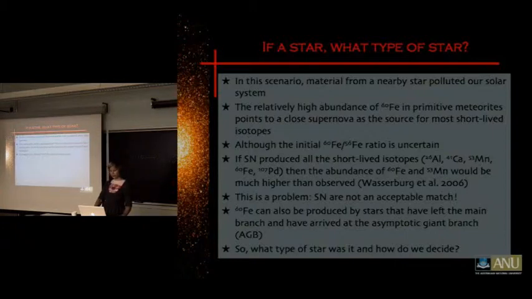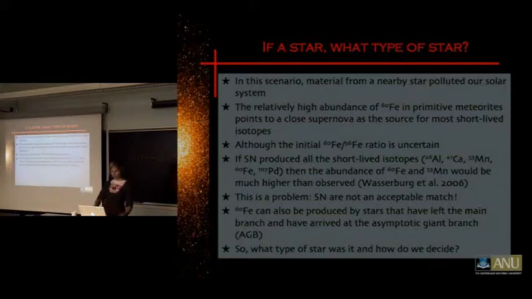And also just to point out that the initial iron-60 to iron-56 ratio is still a little uncertain. So even though supernova fit qualitatively, the iron-60 to iron-56 ratio is fairly uncertain. And also, if supernova produce all of the radioactive isotopes, that is, all of the aluminium-26, calcium-41, manganese-53, etc., then the abundance of iron-60 and manganese-53 would be much higher than we find in meteorites.